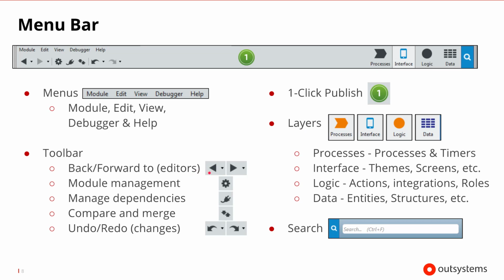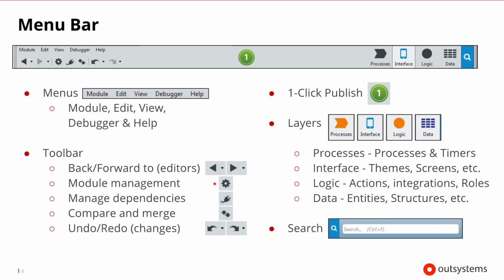So this can be a quick and easy way of jumping back and forth between elements that we're working on without having to go up and click the different layers and select the element again. So this is very handy and is a great accelerator to help us get work done faster.